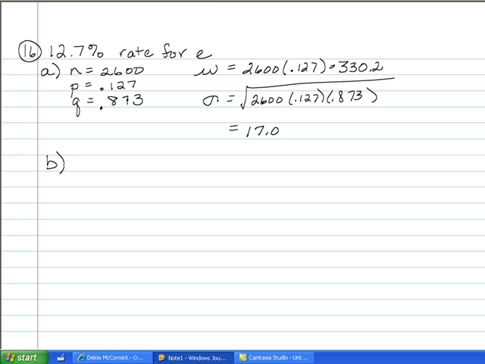So, okay, the minimum usual value will be 330.2 minus 2 times 17, which is 34. So 330.2 minus 34 is 296.2.